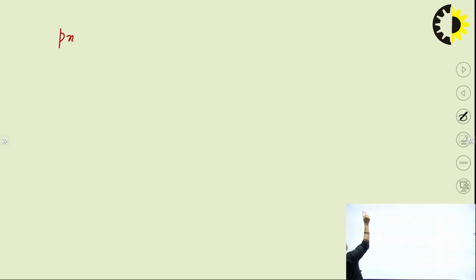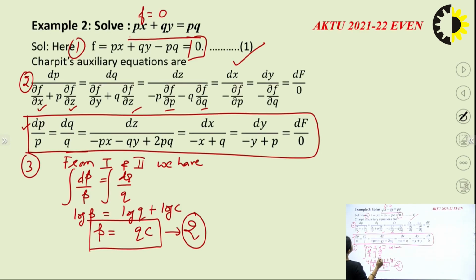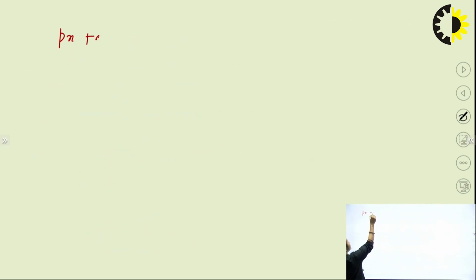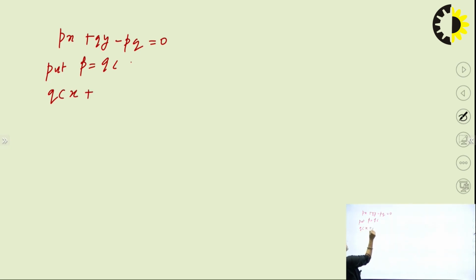We have px plus qy minus pq is equal to 0. Here what we have to do, put p is equal to qc. So we will have qcx plus qy minus q square c is equal to 0.